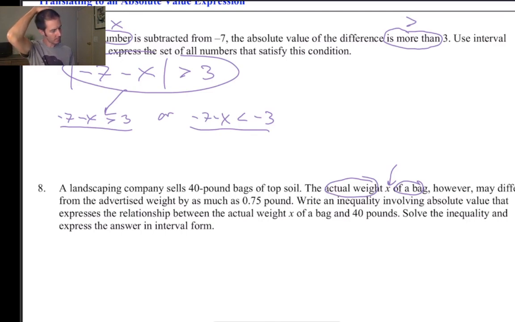Write an inequality involving absolute value that expresses the relationship between the actual weight, X, of a bag and 40 pounds. Interesting. That's very strange.